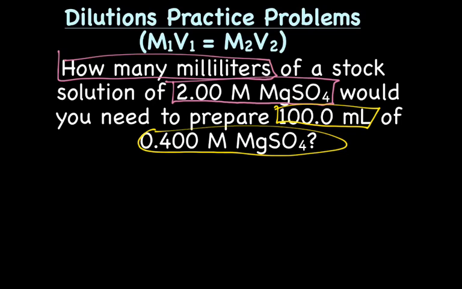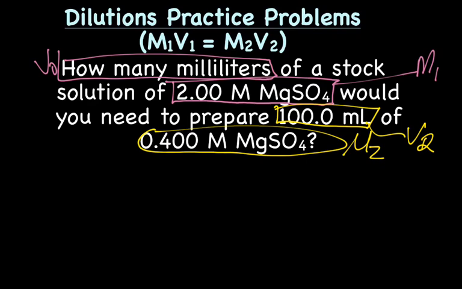It doesn't really matter which ones you label as 1 or 2, but I'll call this our V1 and this is our M1, and we'll call this one M2 and V2. So all we need to do is plug it into the formula M1V1 equals M2V2.